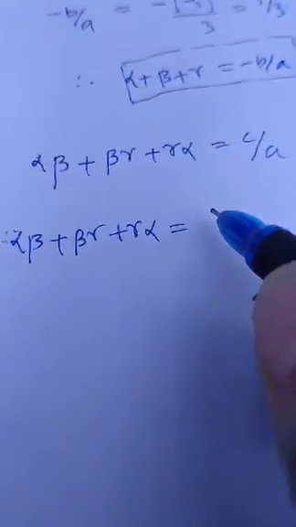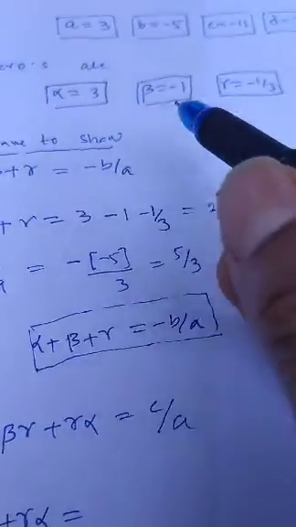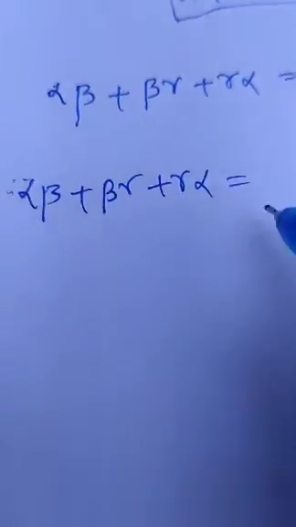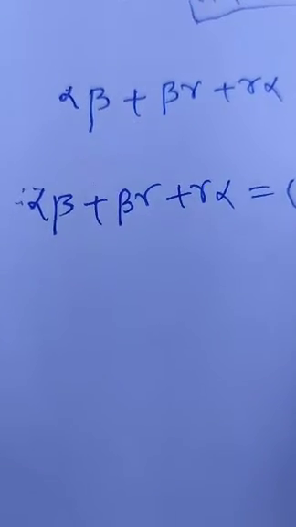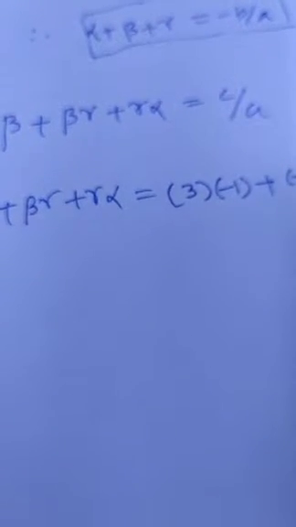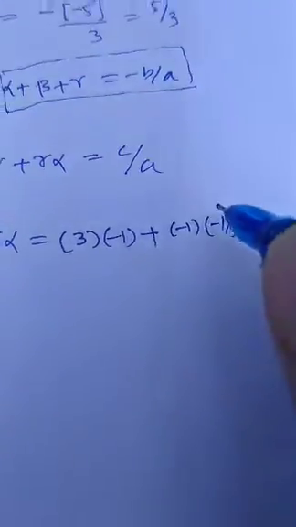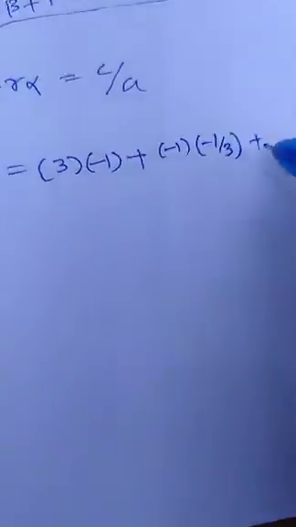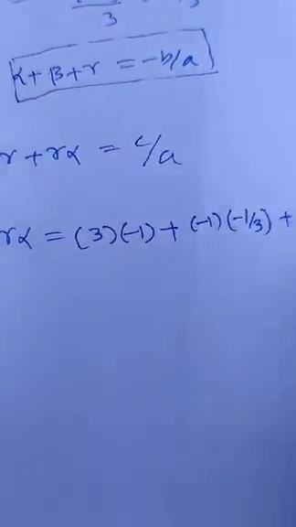Substitute the values. Alpha value is 3, beta value is minus 1, gamma value is minus 1 by 3. First alpha into beta: 3 into minus 1, plus beta into gamma: minus 1 into minus 1 by 3, plus gamma into alpha: minus 1 by 3 into 3.